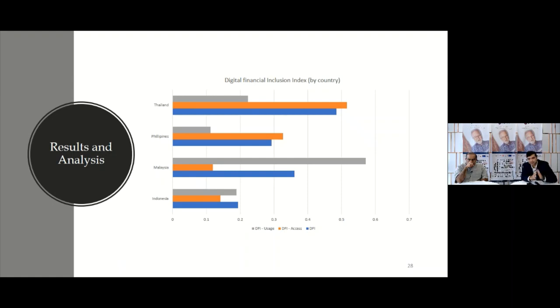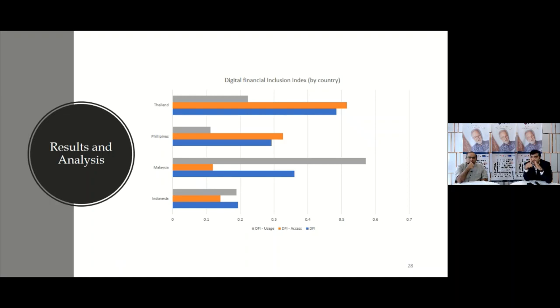So you can see here Thailand has a huge number. If you go to every shop, you will find mobile banking facilities, mobile money transferring facilities, and point of sale services, because Thailand is quite a huge area, and that's why in terms of access it is high compared with the other countries.